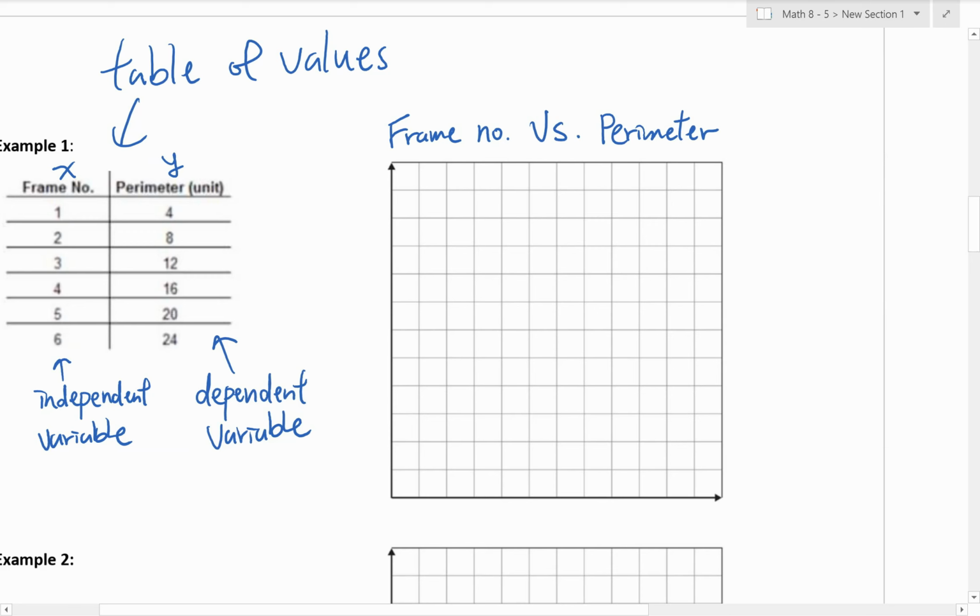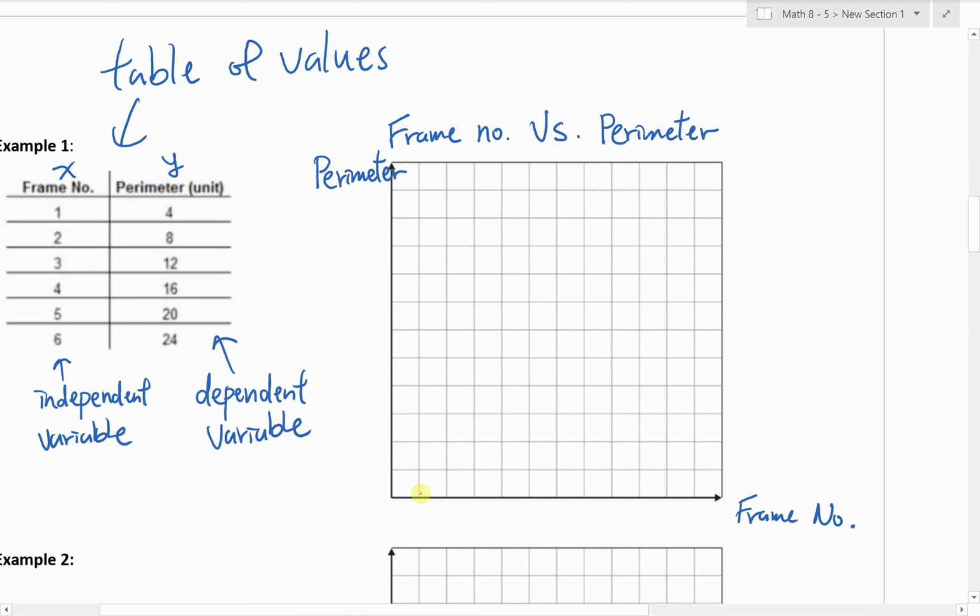So our independent variable is always x and dependent variable is always y. So here is my frame number and this is my perimeter. Now again, there is really no unit in this case, so we don't need to give a unit in this example. So we have frame number 1, 2, 3, 4, 5, 6.